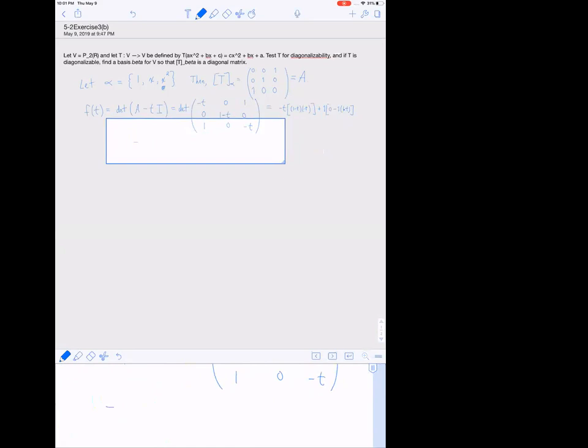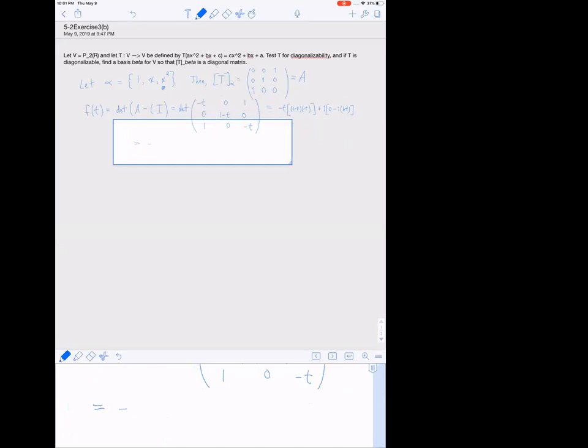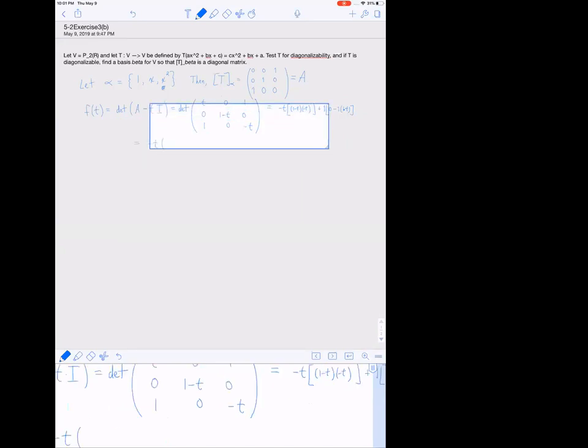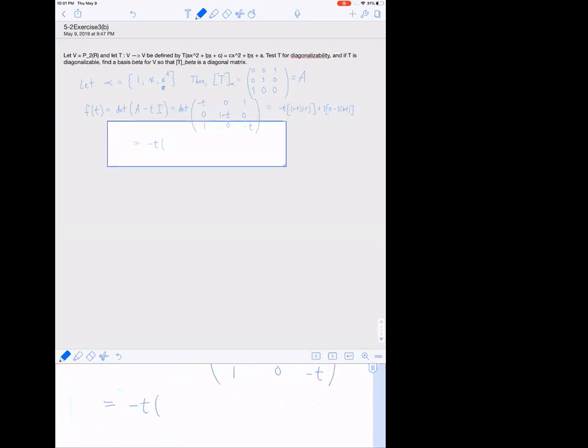So we'd have to do some work still. So let's do some work. Let's simplify this, write it out as one nicer, standard polynomial form, which means we're gonna have to multiply some stuff out. So we're gonna get a minus t times 1 minus t times minus t. That should be a minus t plus t squared.